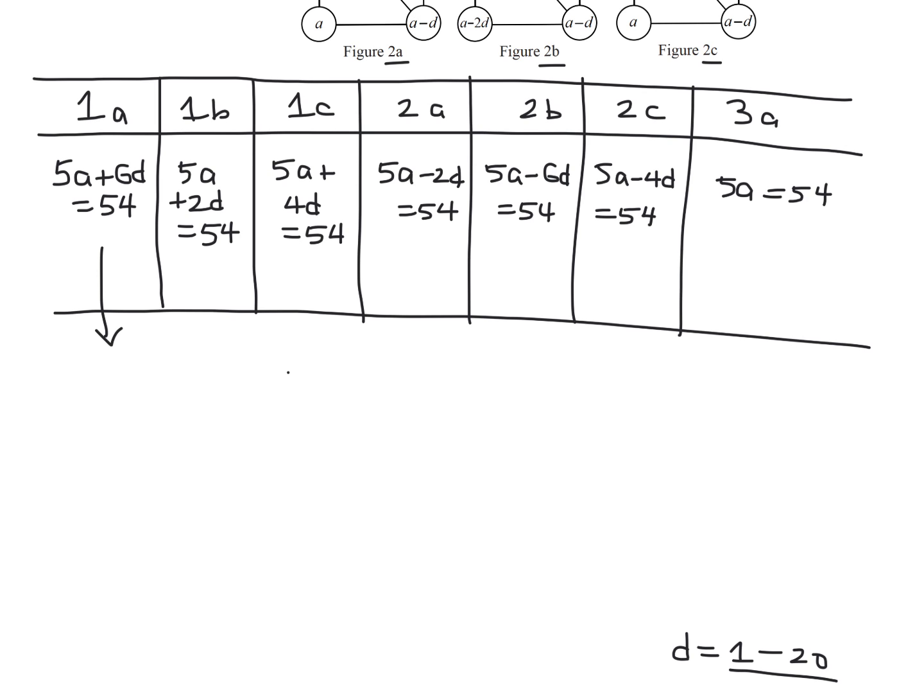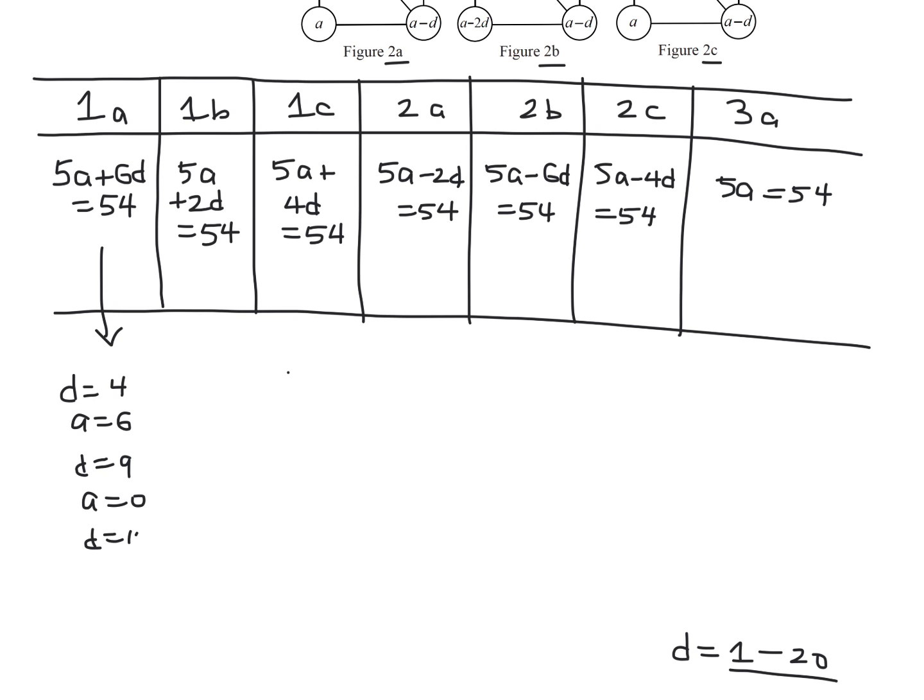So first this guy, we have to get integer solutions. So it's very time consuming, you got to figure out. So when D equals 4, A would equal 6. When D equals 9, A equals 0.